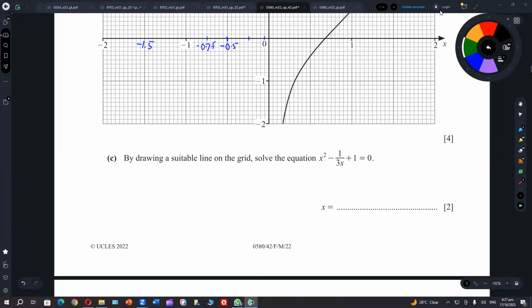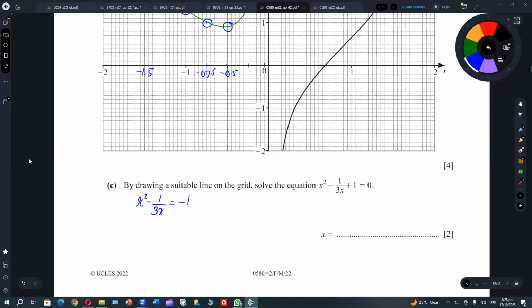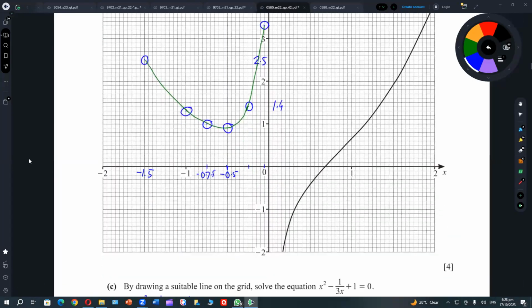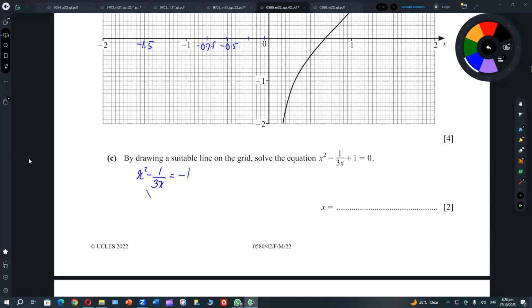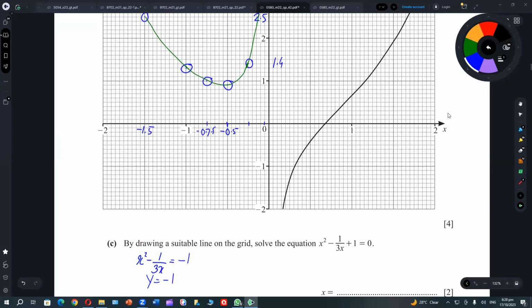I isolate the first step: x square minus 1 upon 3x is equal to minus 1. So y is equal to minus 1. So we have to draw a line at y equal to minus 1.